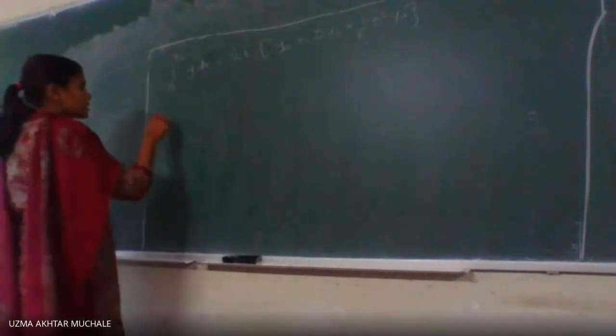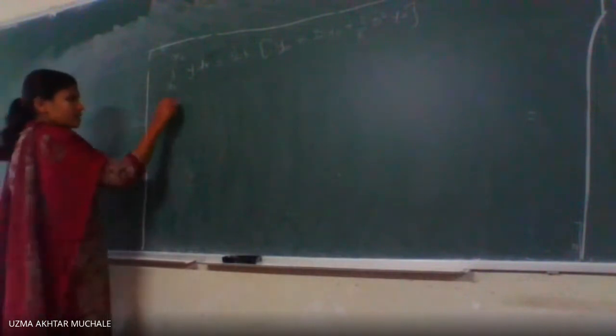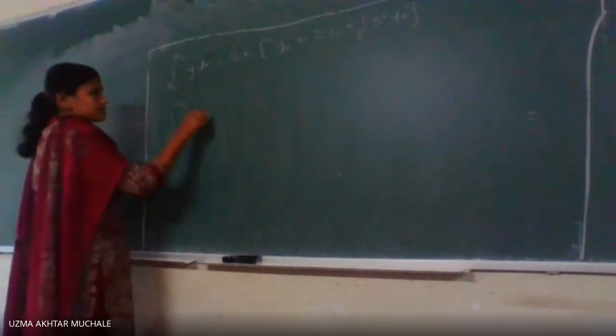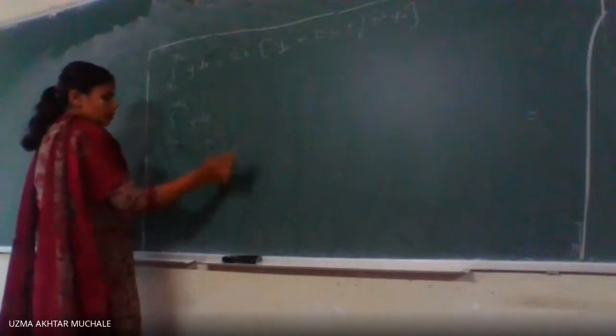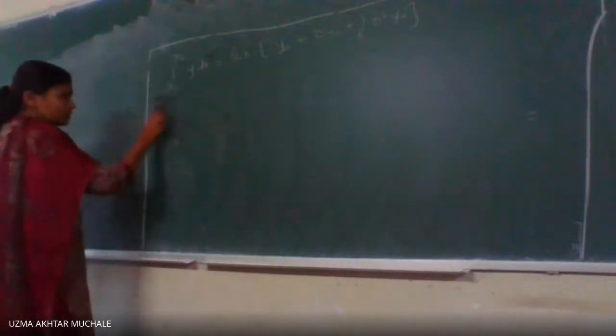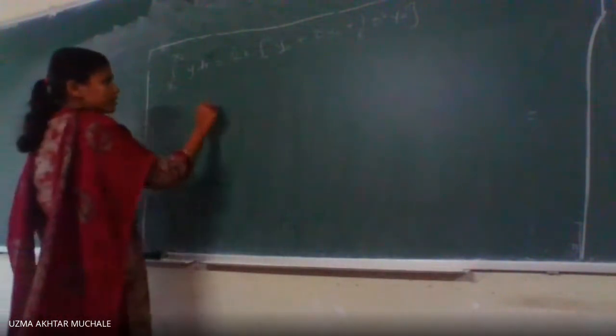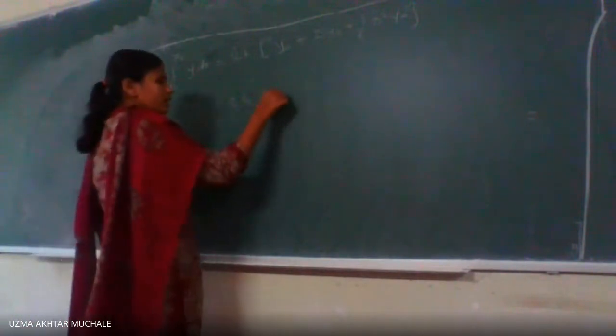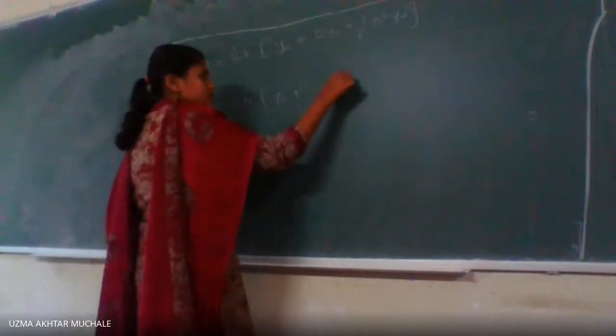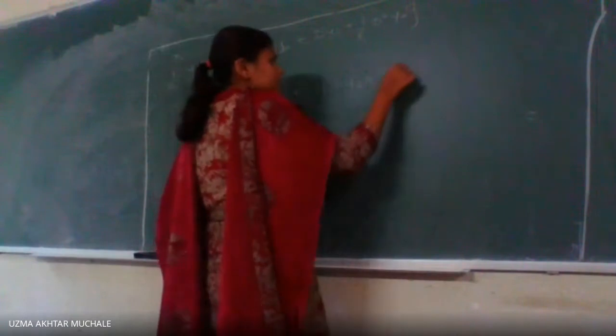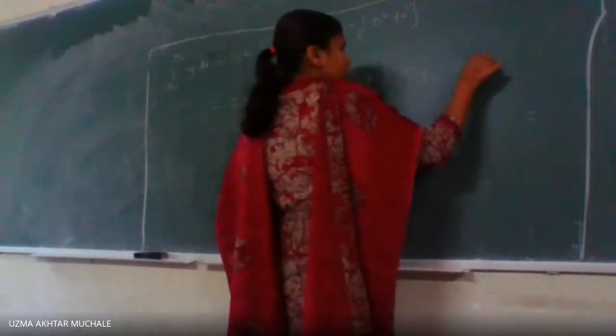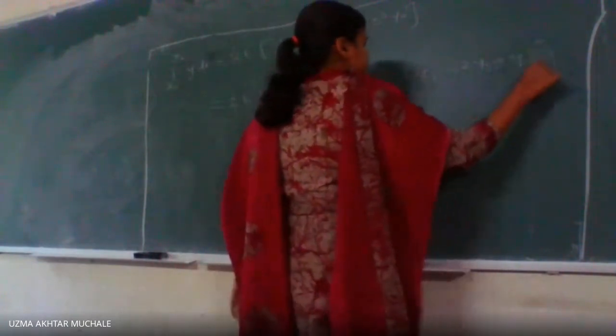Now let us go for the second one, the integral from x0 to x2 of y dx. Before finding this, let me evaluate it. This is 2h [y0 + (y1 - y0) + 1/6 (y2 - 2y1 + y0)].